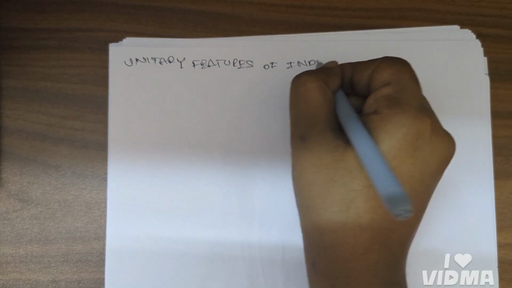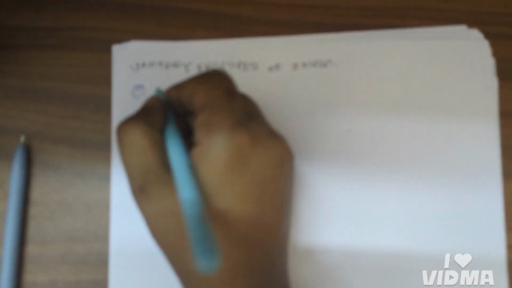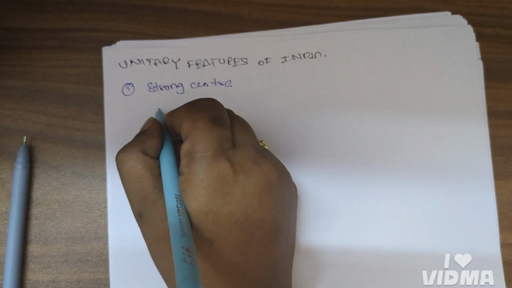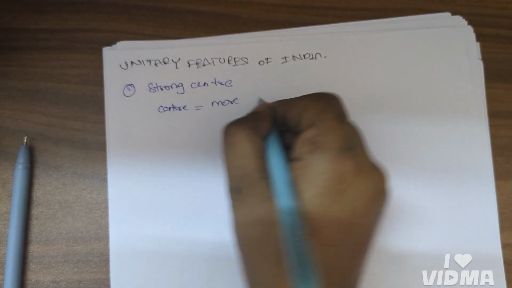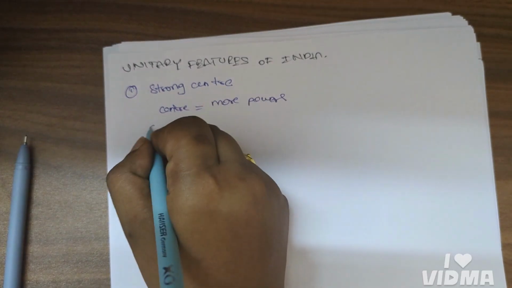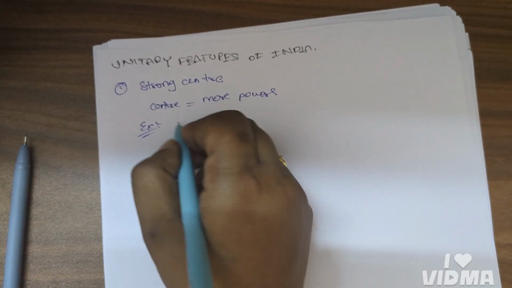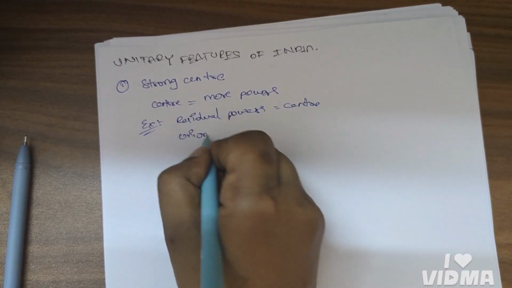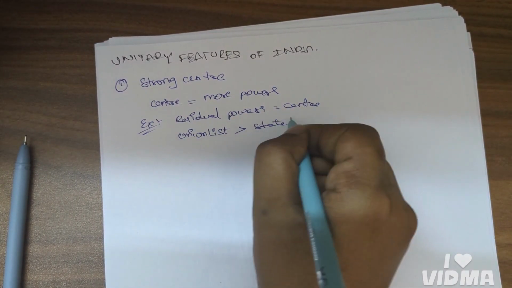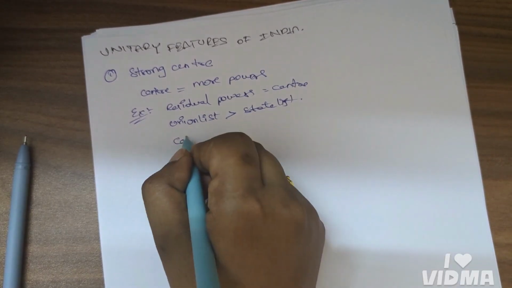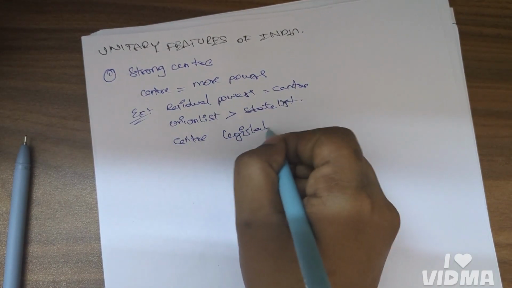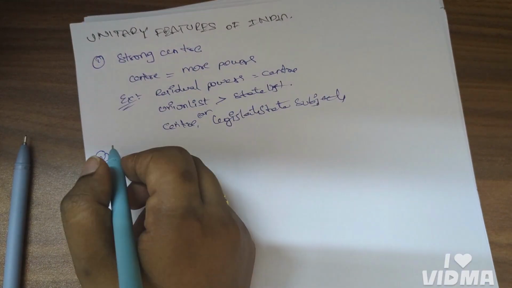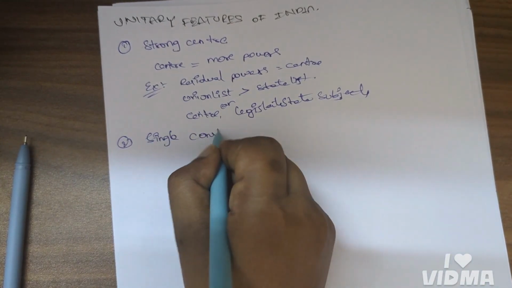So the first feature is strong center. In India, the center has more powers than the states. For example, residuary powers lie with the center. The union list is more powerful than the state list, and the center can legislate on state subjects in certain situations. Next, single constitution.